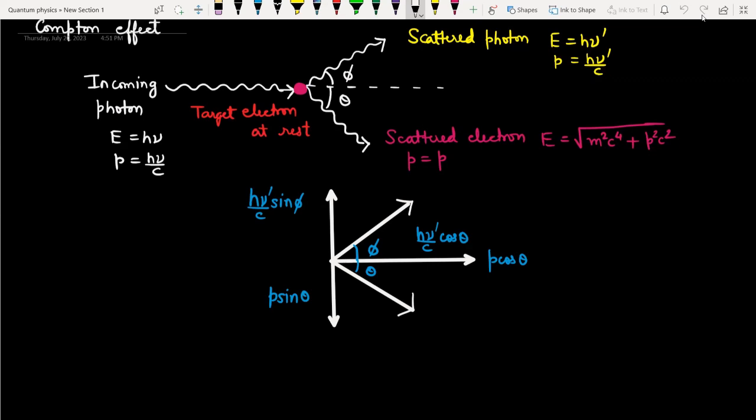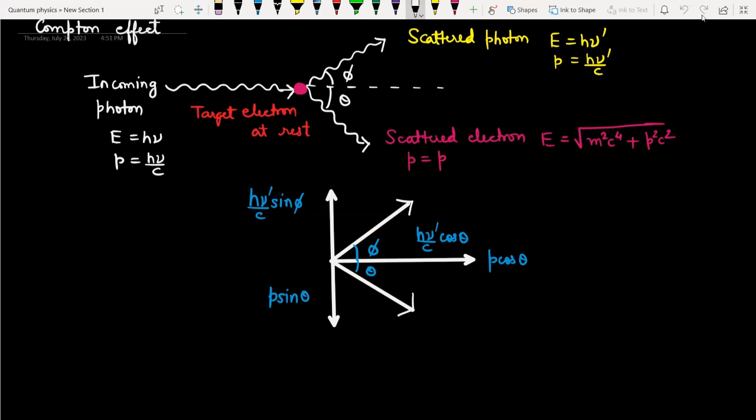Since this is a collision, and we are very familiar with what we do in a collision, we use the conservation of linear momentum as well as the conservation of energy. We assume that this is an isolated system, so we can use those equations.